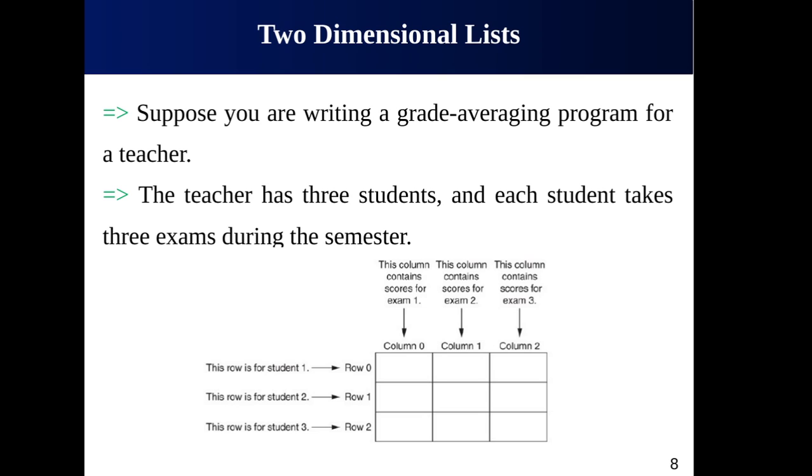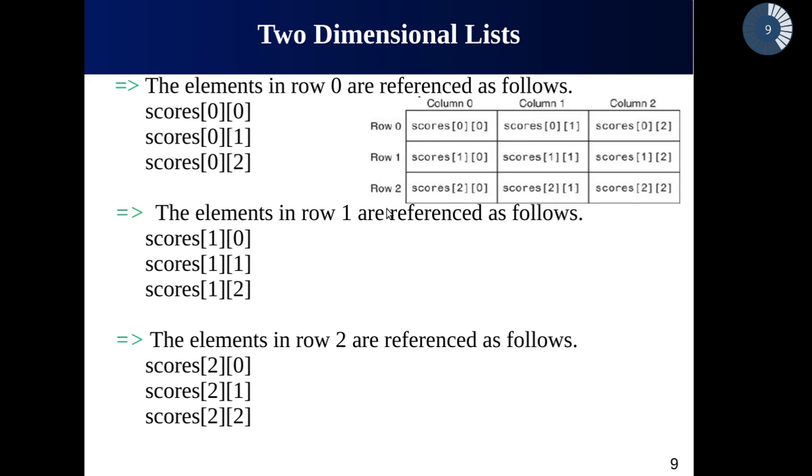For that purpose, the teacher can use a two-dimensional list having 3 rows and 3 columns. The 3 rows will represent 3 students, and the 3 columns will represent the three subjects, and each cell will contain the marks of a respective student in that respective subject. This is a better approach to represent such type of data.